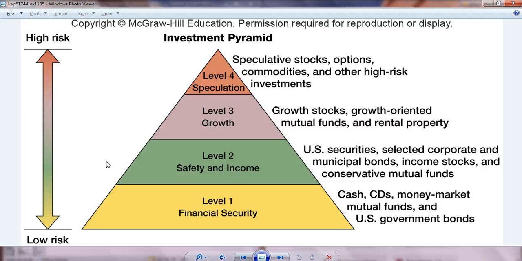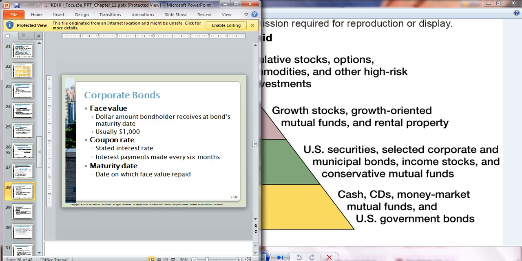So to move on from the Khan Academy video, I want to remind you that bonds have 3 features that I wanted to summarize. A face value or par value on any bond we discuss in this class is going to be $1,000.